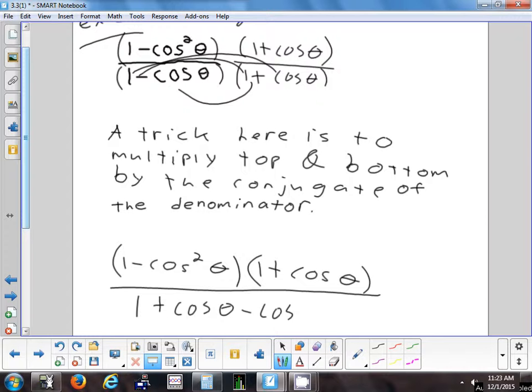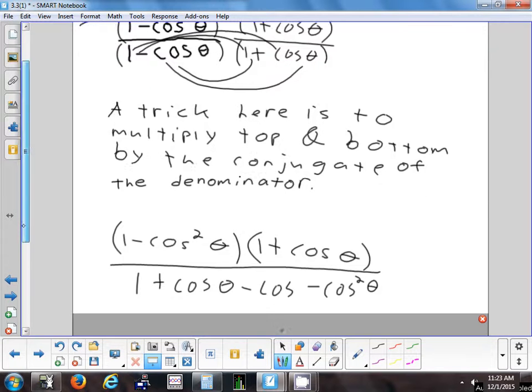And lastly, we have negative cosine times positive cosine. Well, just start with what's a negative times a positive? Negative. And what's cosine times cosine? Cosine squared. Okay, what happens in that denominator?